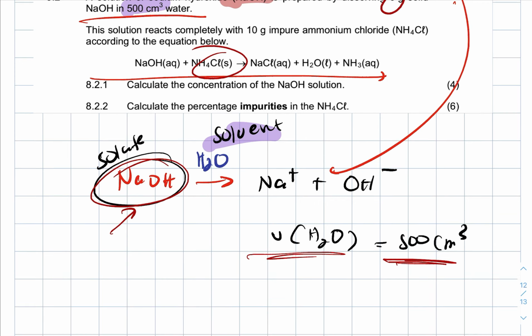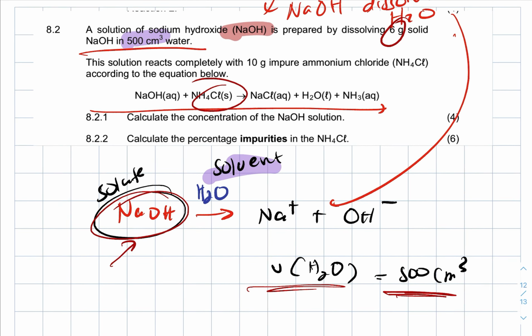So we have 6 grams, that's the mass of sodium hydroxide, which will be dissolved in that. So this is more of a solid mass. They did also mention it's a solid sodium hydroxide, which will be dissolved in that. All right, so if it's dissolved in that, the same volume of water will be the same volume for the dissolved solid sodium hydroxide.